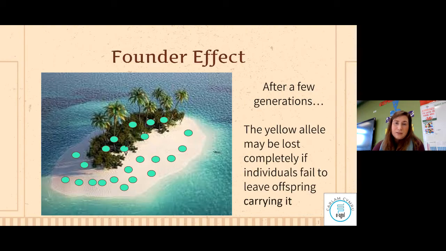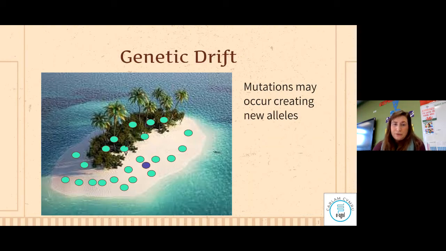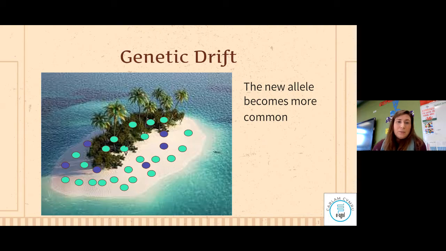That's founder effect. Genetic drift is when mutations might occur. So we have this population here, and mutations might occur, creating new alleles, as we can see here. It's normal for mutations to happen over time. The new allele becomes more common.